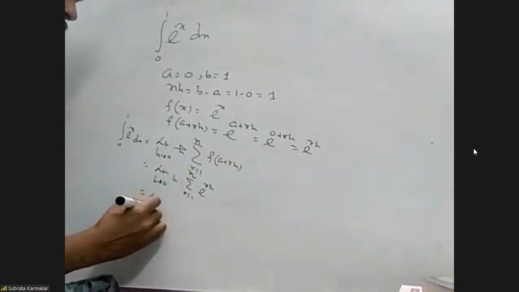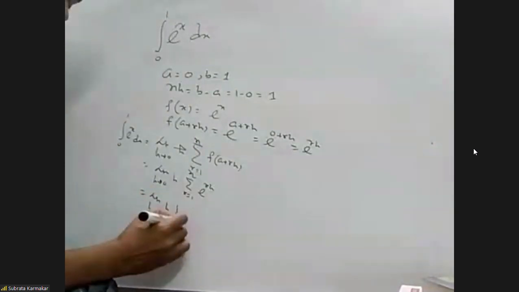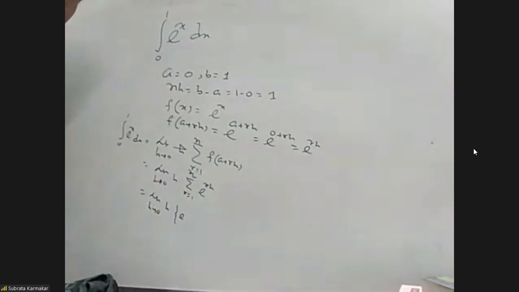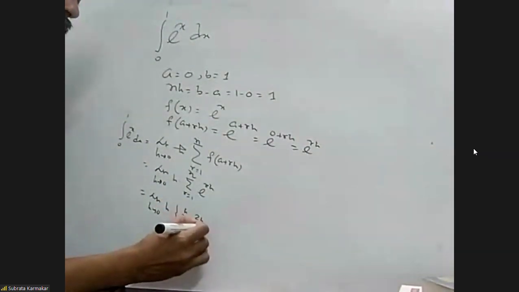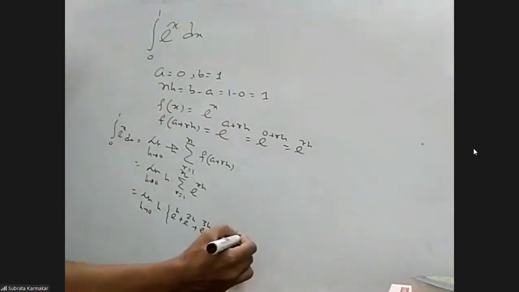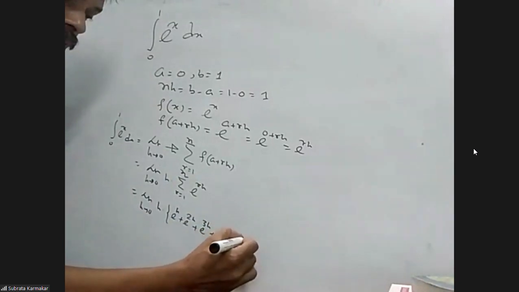Now, limit h tends to 0, h into the second bracket: if you put r = 1, then e to the power h plus e to the power 2h plus e to the power 3h, up to the last term, e to the power nh.